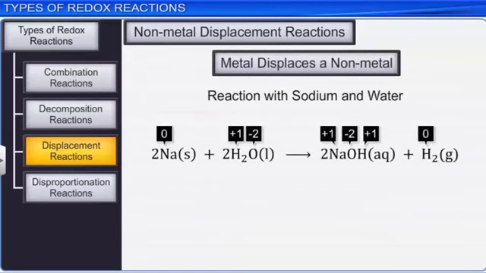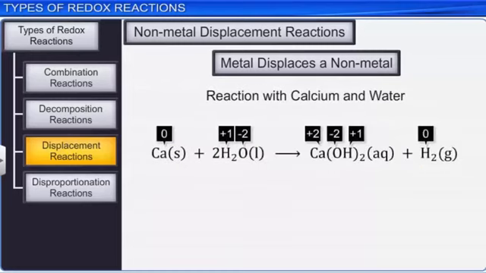For example, sodium, an alkali metal, displaces hydrogen from cold water to give dihydrogen gas. Similarly, calcium, an alkaline earth metal, reacts with cold water to displace hydrogen.